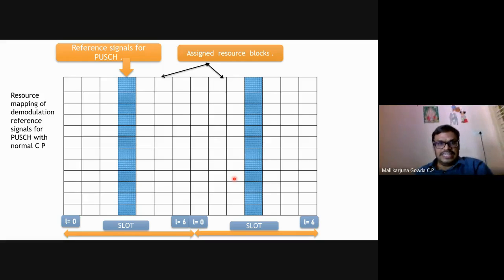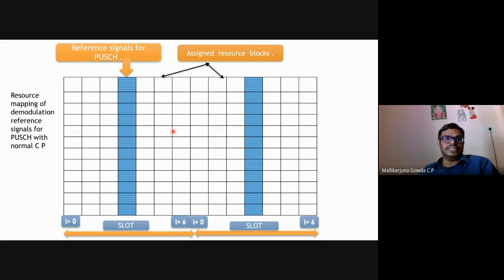I'm asking, is it clear which OFDM symbol we use for transmitting the PUSCH reference signal? For normal CP, we use l equal to 3 for transmitting the reference signal for PUSCH, that is physical uplink shared channel.